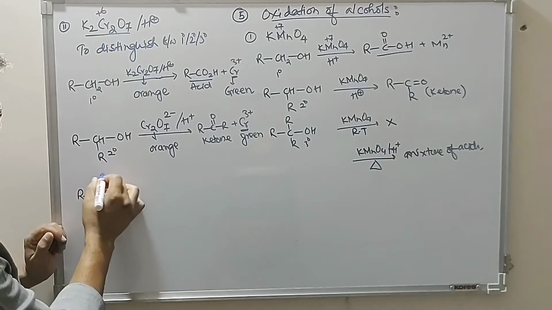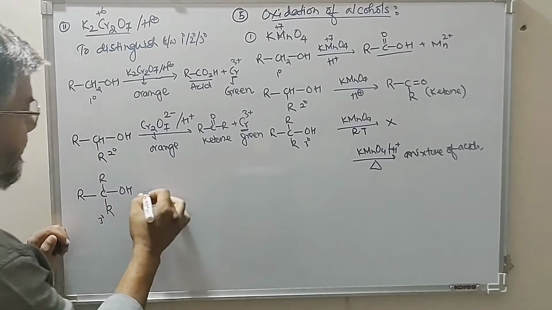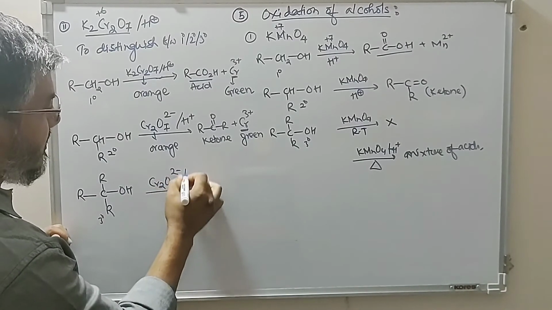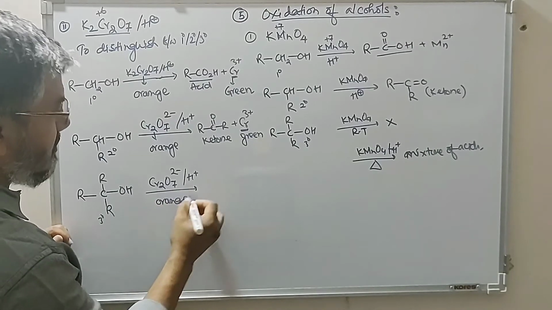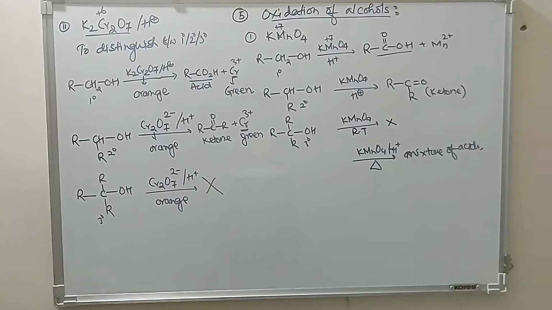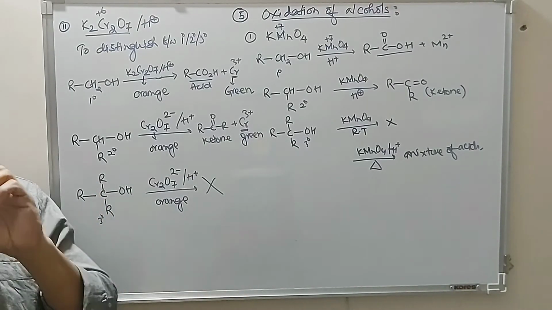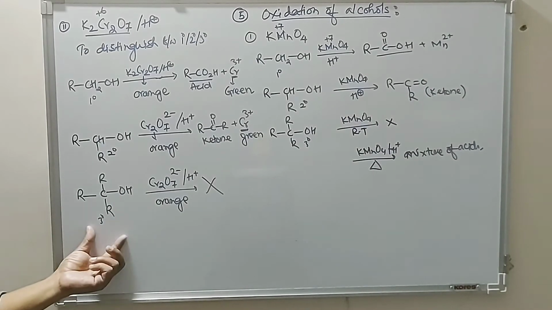If the starting alcohol is tertiary, with acidified Cr2O7 2 minus, no reaction takes place. That means there is no change in color when the alcohol sample is mixed with dichromate. That sample must be tertiary.